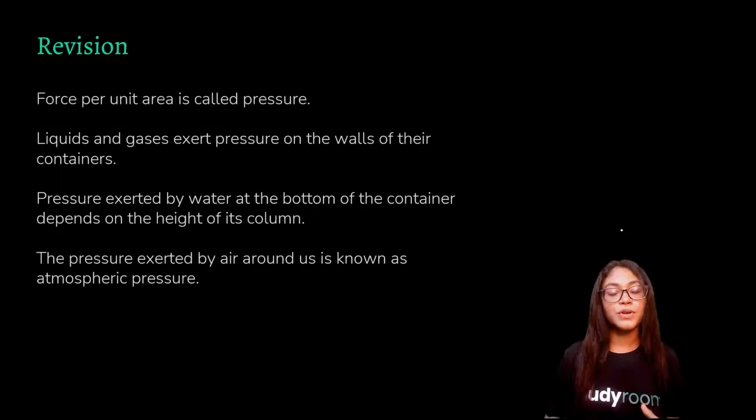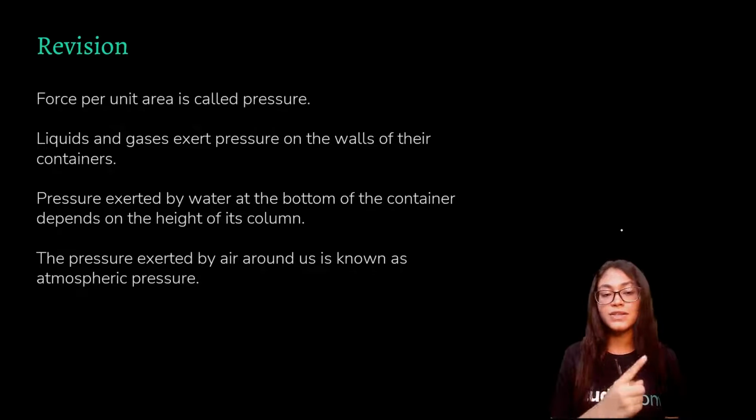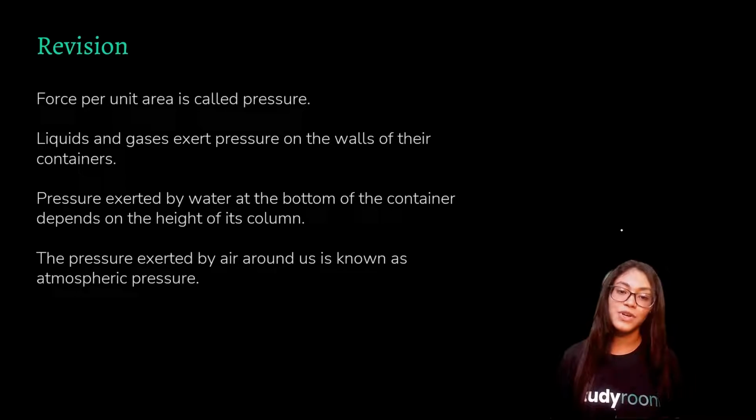Now, force per unit area is called pressure, that is P equals F upon A. Liquids and gases exert pressure on the walls of their containers. Pressure exerted by water at the bottom of a container depends upon the height of its column. The pressure exerted by the air around us is called atmospheric pressure.